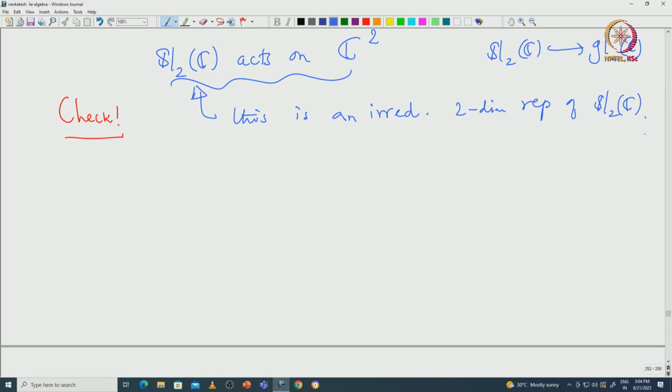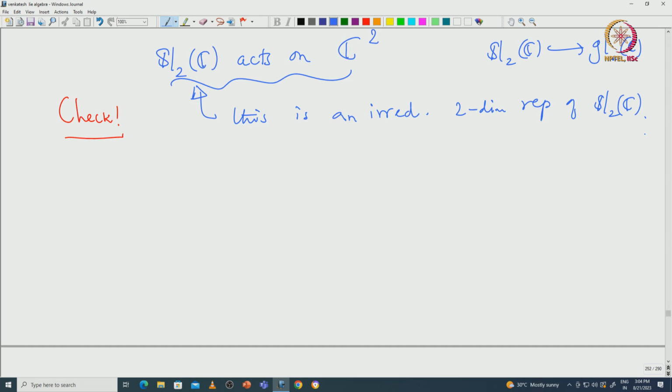So, it is not hard to check that the adjoint action of SL2C is also irreducible, because as we saw earlier, the only subrepresentations are ideals of SL2C, because SL2C is a simple Lie algebra.